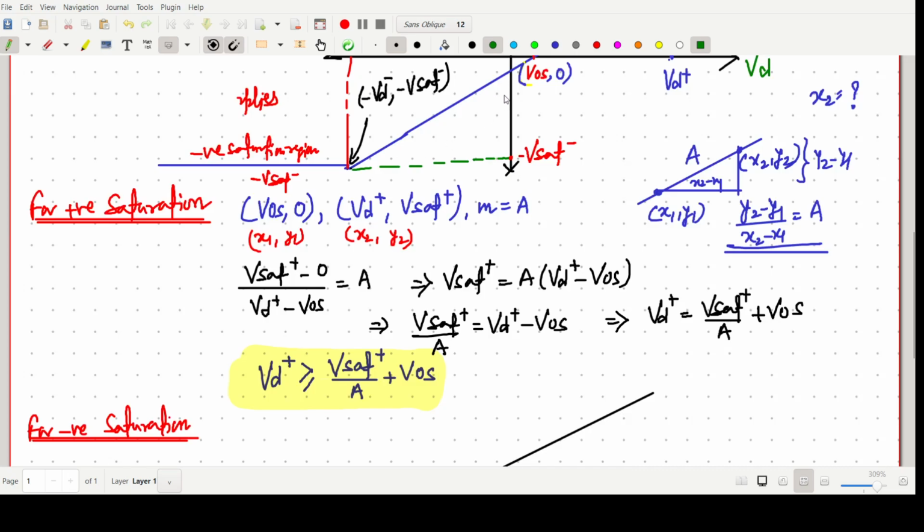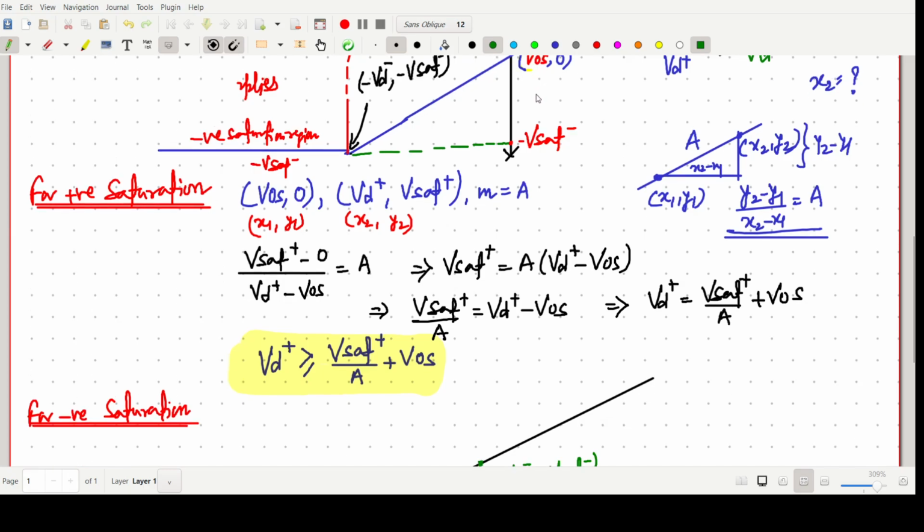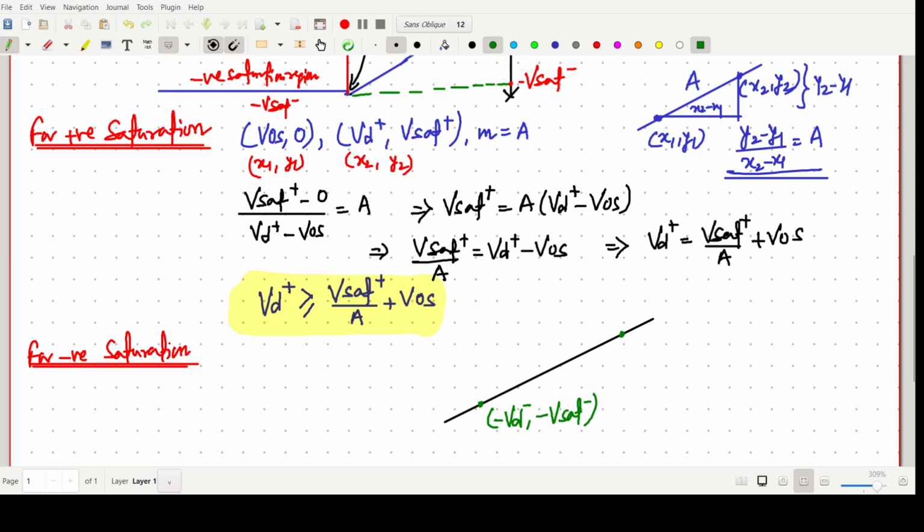And this other point we are taking as any point from the straight line which is known to us. So it is Vos, 0: Vos on the x axis and 0 on the y axis.